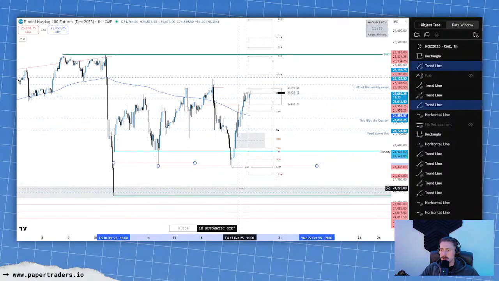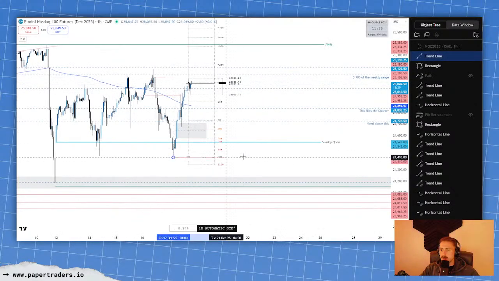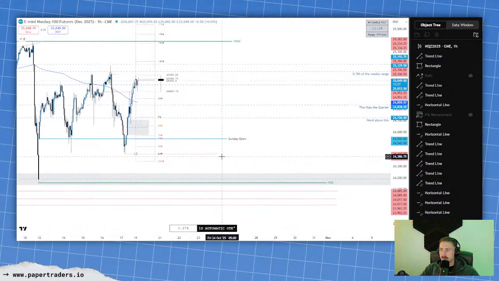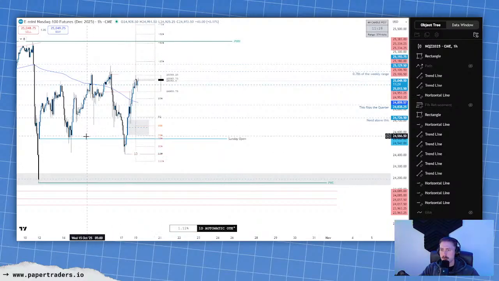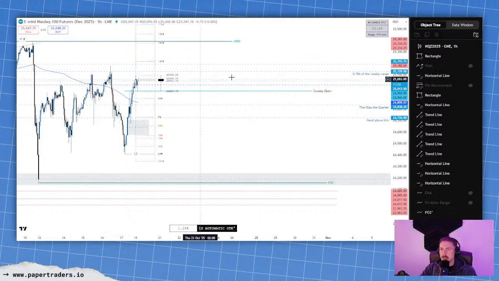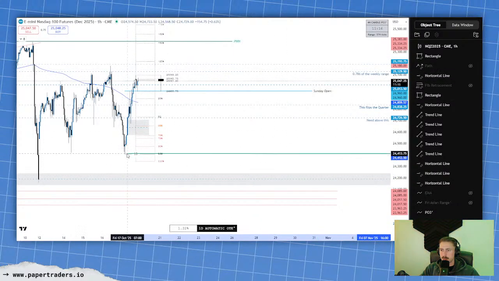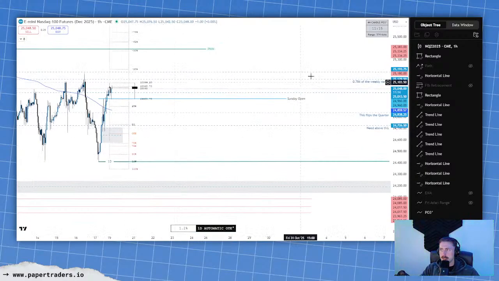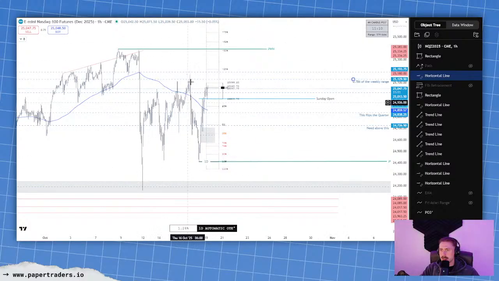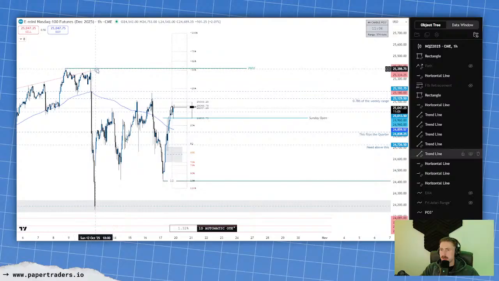I just got to highlight these levels on this chart as well. But these lows, actually this previous daily low might want to leave, which is also going to be that previous weekly low. And then we're going to move our Sunday open to where it is supposed to be. And all these other levels are still very relevant. So we do want to keep our eye on that 786 of the weekly range because that's still inside this range right there, inside that previous week's range.